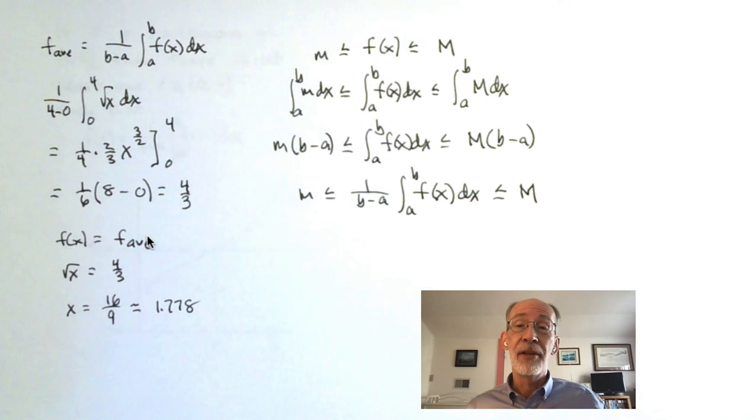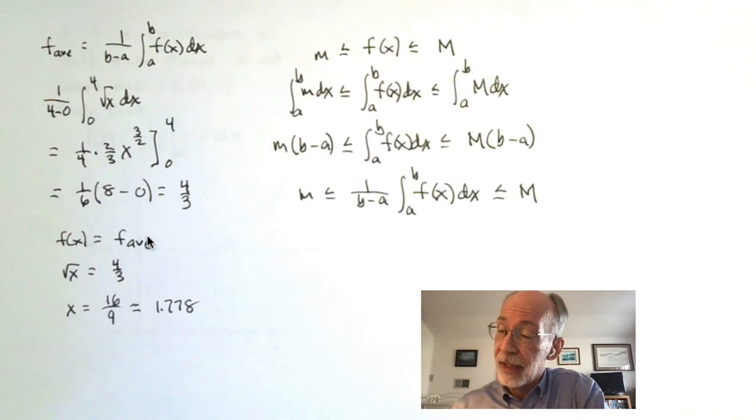Now, if f is continuous on closed [a, b] and the average value of the function lies between its maximum and its minimum on that interval, then the average value of the function must be a value that the function takes on.